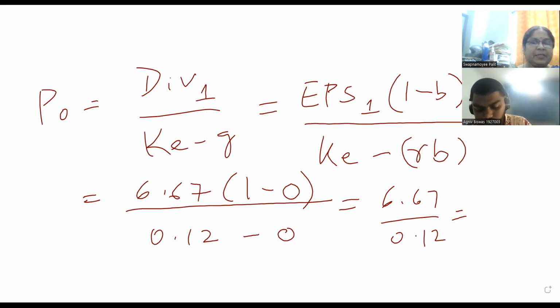Just find 6.67 by 0.12. It is 55.58 is the answer. So 55.58 should be your share valuation at present.